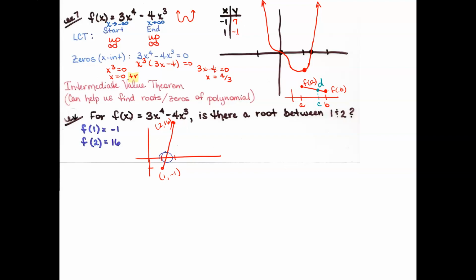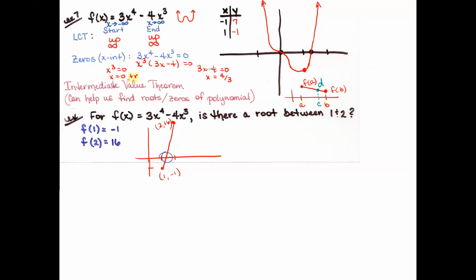And so that's how the intermediate value theorem helps us, because it says, look, I know that I have these two y values, negative 1 and 16, and there's got to be a 0 in between them, because you can't change signs without a 0 in between. So if there's a 0 in between them, then there's got to be an x-intercept, because anytime y is equal to 0, you have an x-intercept.